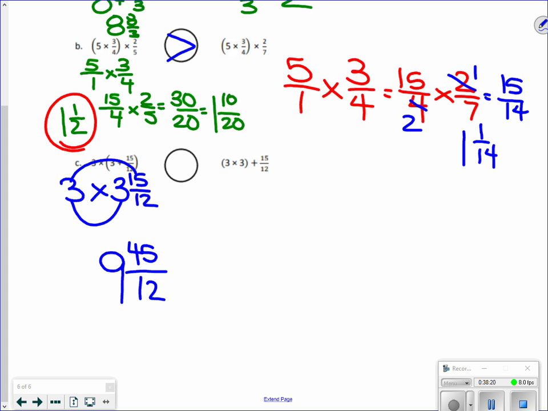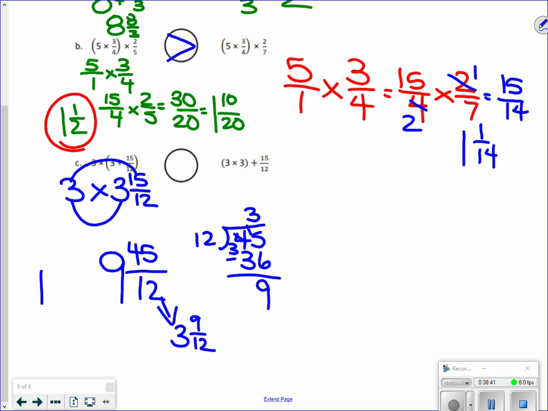I cannot leave that alone. So, 45/12. 12 goes into 45 3 times. So, this becomes 3 and 9/12. 9 plus 3 is 12, and 9/12.